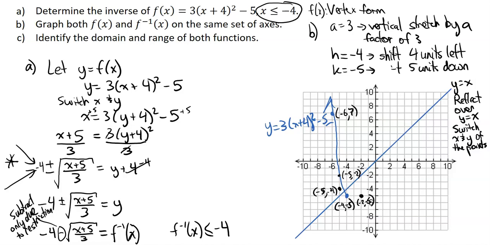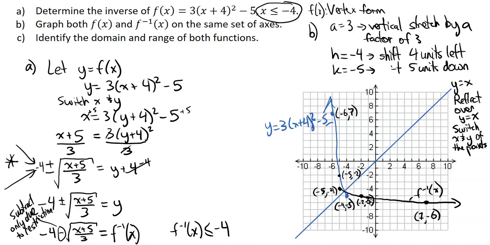And the next point, I originally had (-6, 7), you can see up there, and that's going to become (7, -6). Now I'm going to join those 3 points together, recognizing that the point that was originally the vertex is the new endpoint of the new function, and this is f inverse of x.